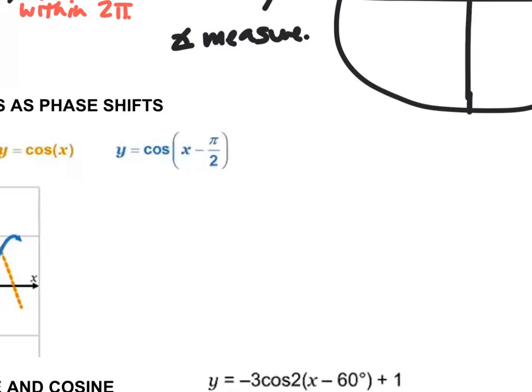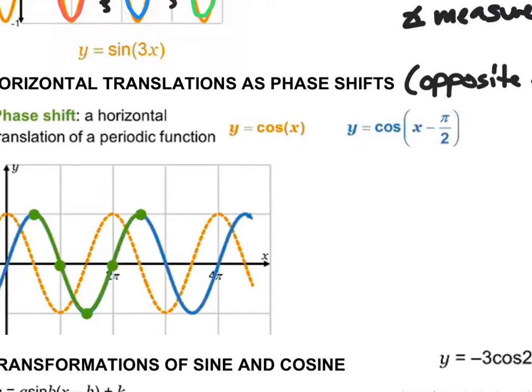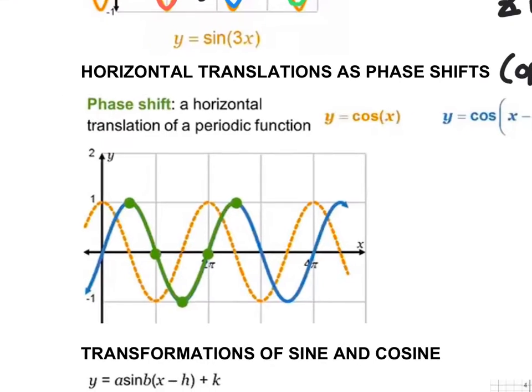Now remember, with horizontal translations, we go opposite from what the sign tells us. If we add or subtract something for the input on the inside of the parentheses, and in this graph, look what we've got. We've just got y equals cosine x.